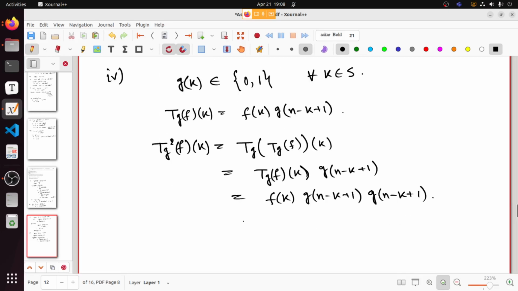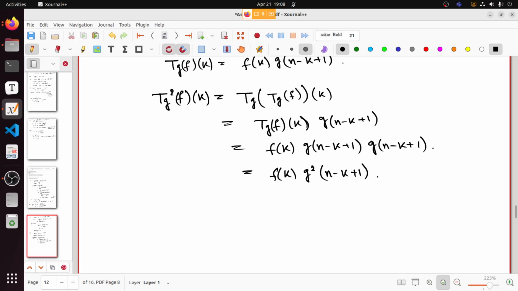So this is basically f_k times the g squared function evaluated at n minus k plus 1. So by induction you can show that T_g to the power m f_k will be f_k g to the power m of n minus k plus 1, right?